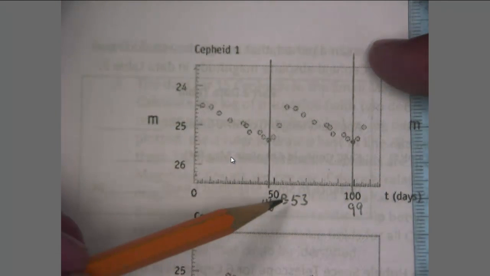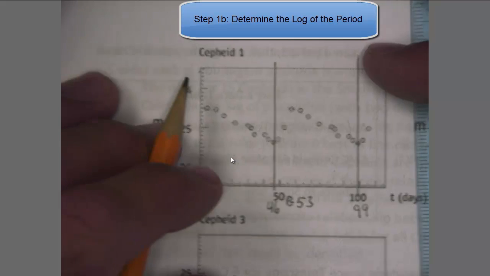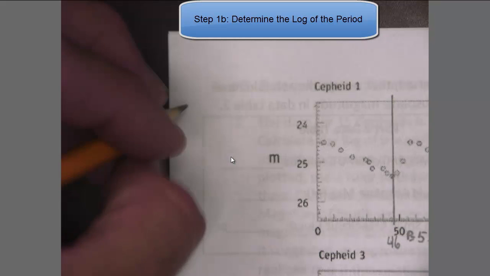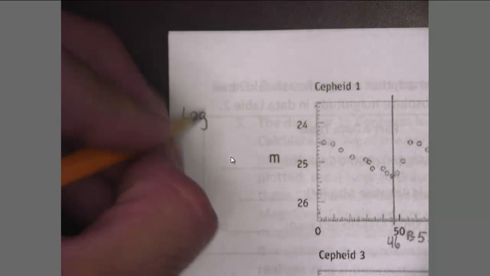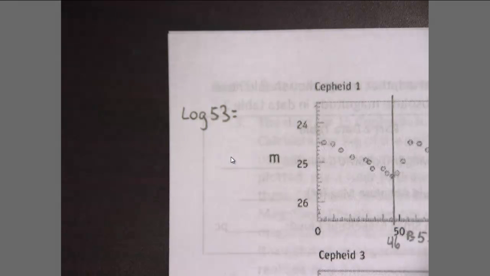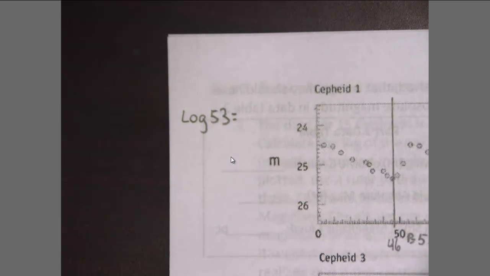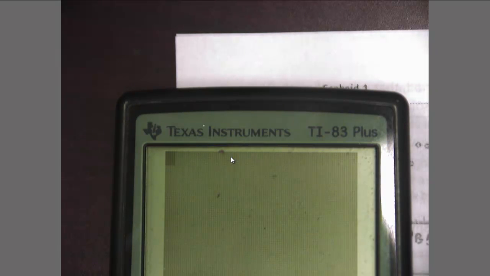Now, we really need to take the period and change it to the log of the period. So, using your calculator, we're going to calculate the log of 53. Log 53.